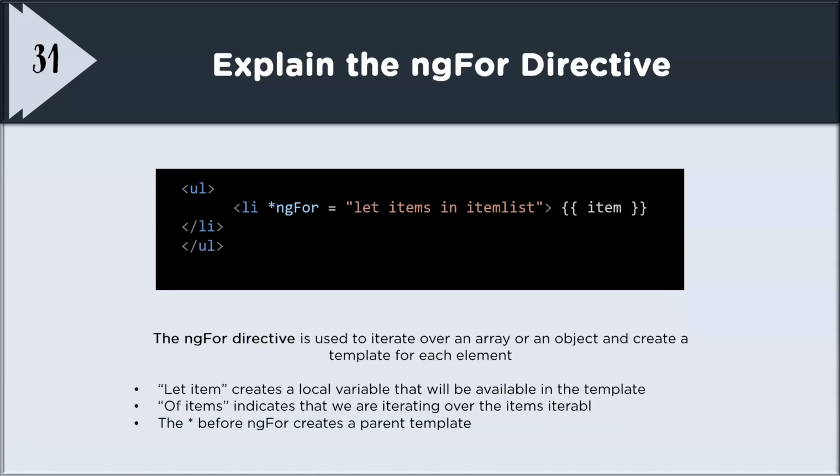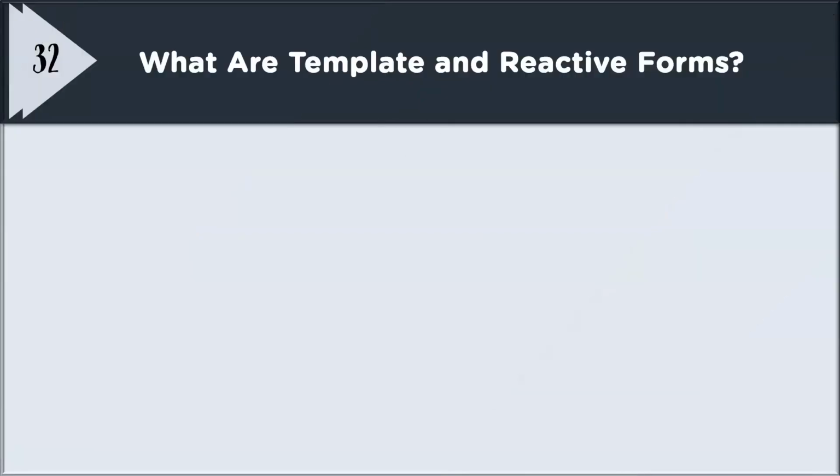Now, in the snippet, you can see there is let item of itemList, and then I've string interpolated the variable item. So let item here creates a local variable that will be available inside the template. Of items indicates that we are iterating over the items iterable, and the asterisk before ngFor creates a parent template.